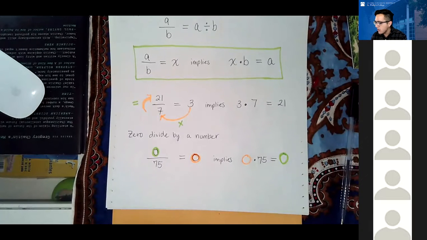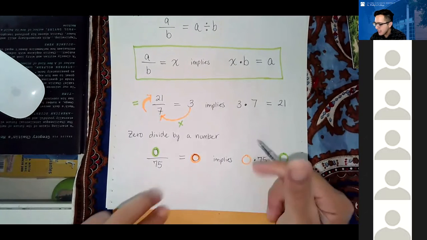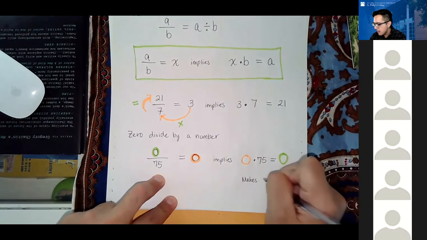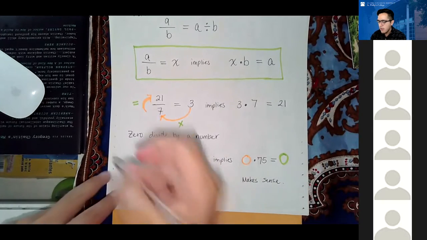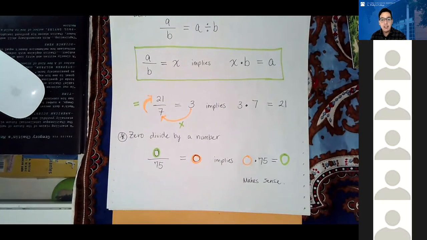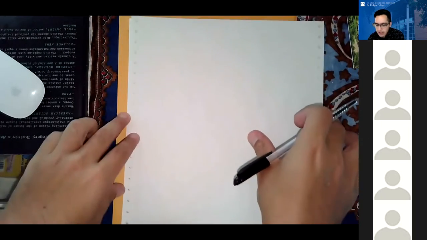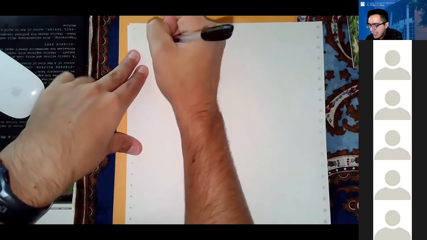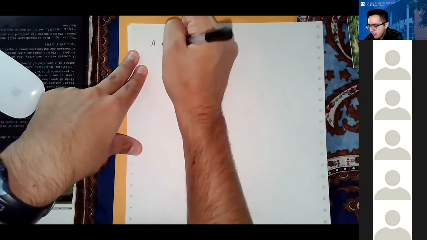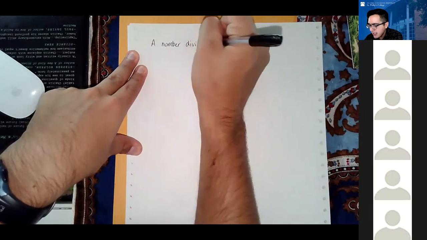And we've understood since grade school that whenever you multiply something by 0, you get 0. So this makes sense. We have no problems there. When you have a 0 divided by a number, that is consistent with how mathematicians define division. But now there's another case that we'll run into, and that's a number divided by 0.